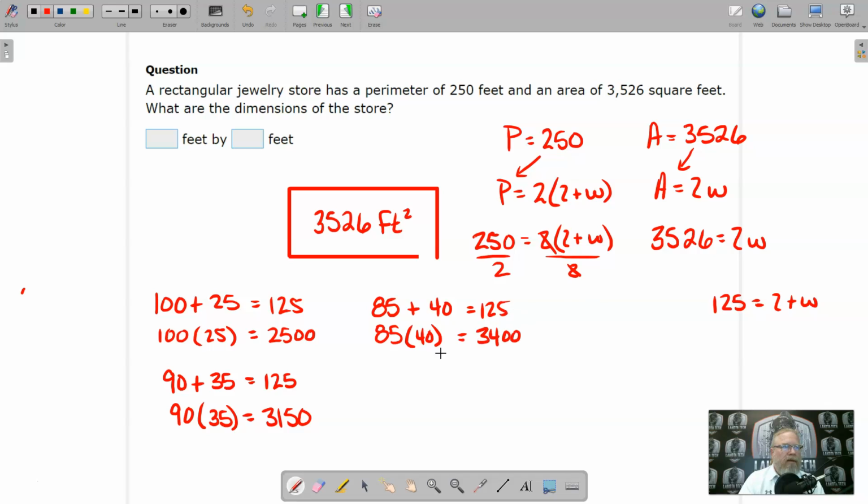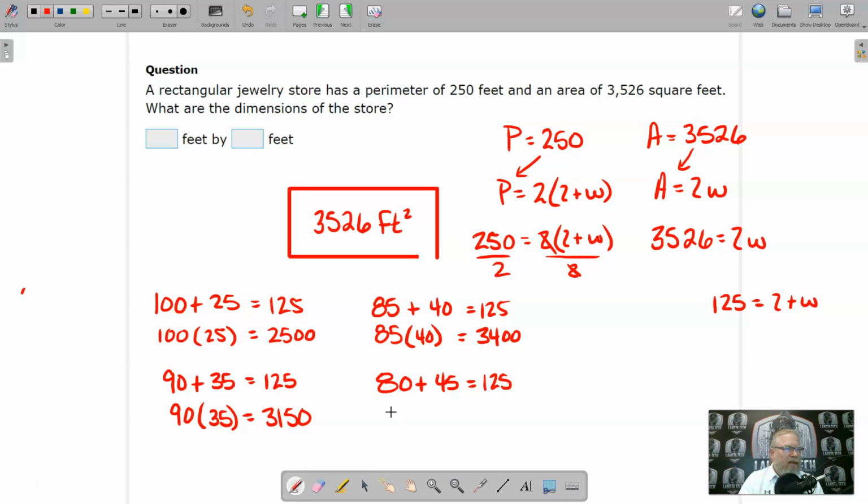Well, I went up from 3,150 to 3,400. I'm trying to get to 3,526. So let's see. Let's let that number keep going down. Let's try 80. I took off 5, so add another 5 to 40, I would get 45, right? 80 plus 45, yep, it is indeed 125.